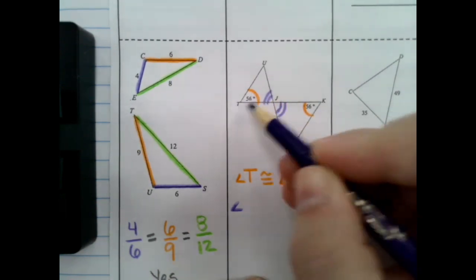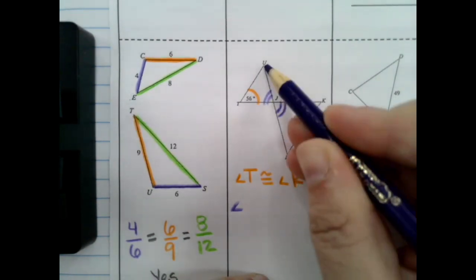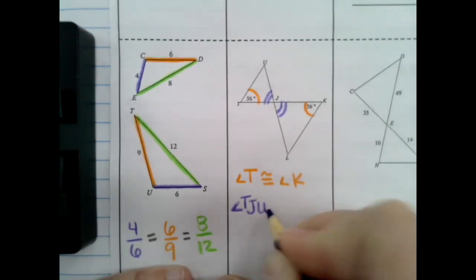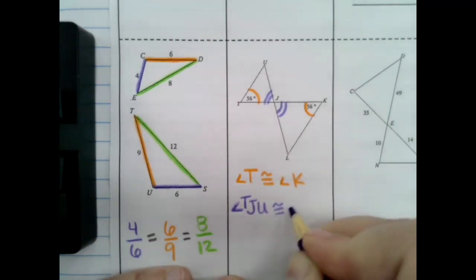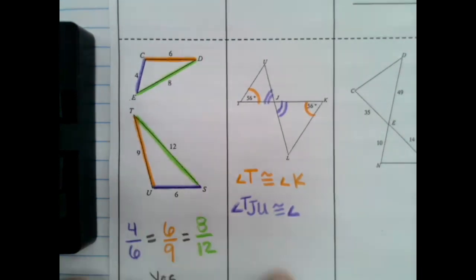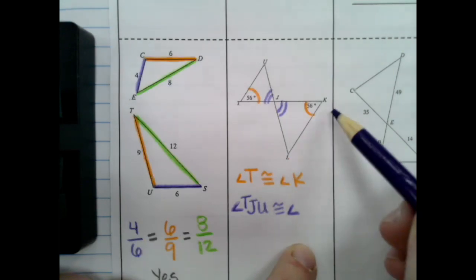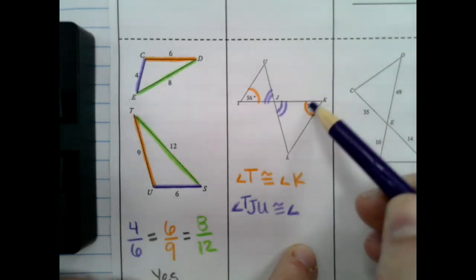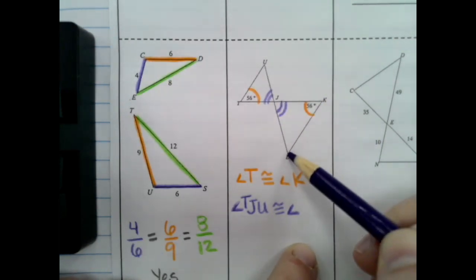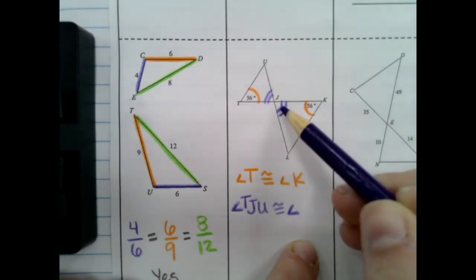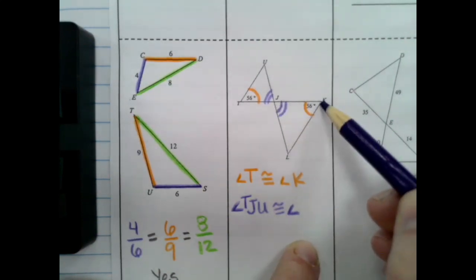Good. T, J is my middle, that's that vertex, and then up to U. Good. Very nice. TJU is congruent to angle LKJ. That would be talking about the 56. Could start at L, but where do I want to go in the middle? J. So LJK.